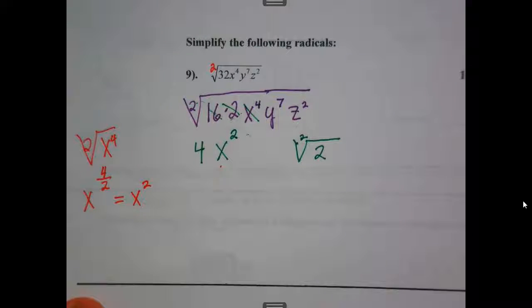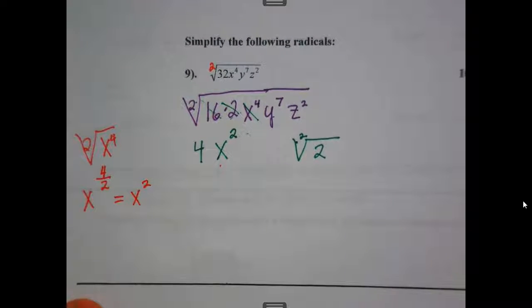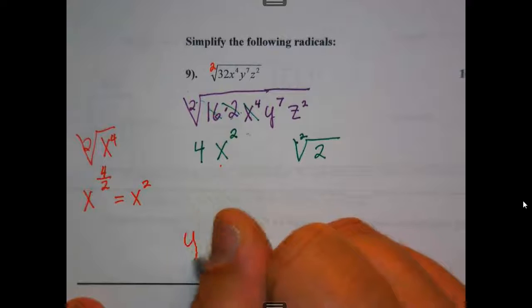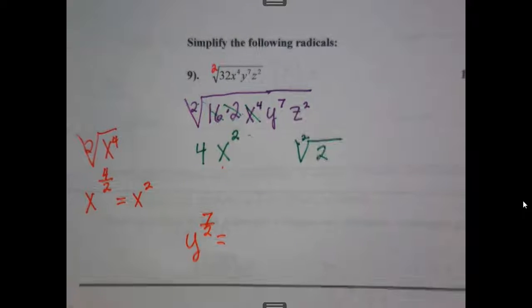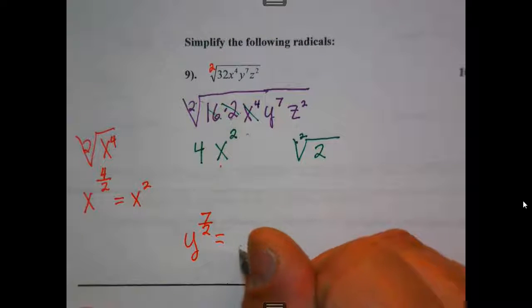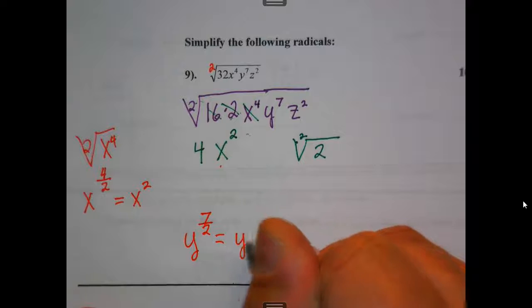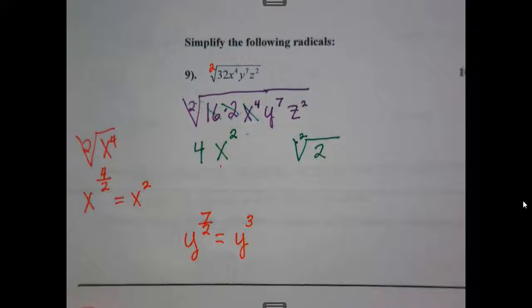y to the 7th. y to the 7 divided by 2. What does that give me? 3.5, right? So it's going to be y to the 3 and 1/2 left over.